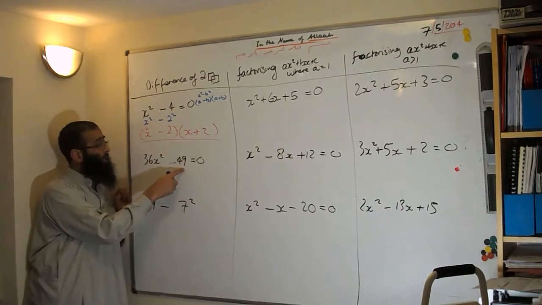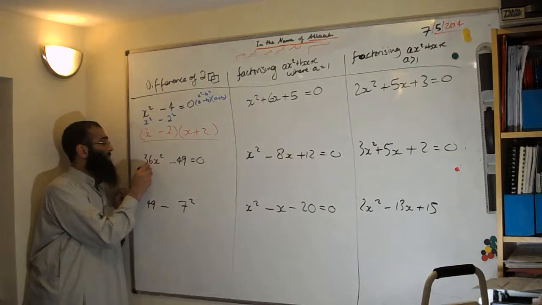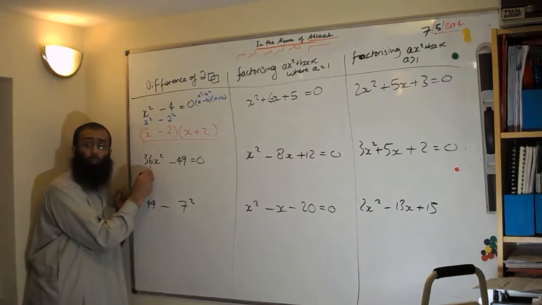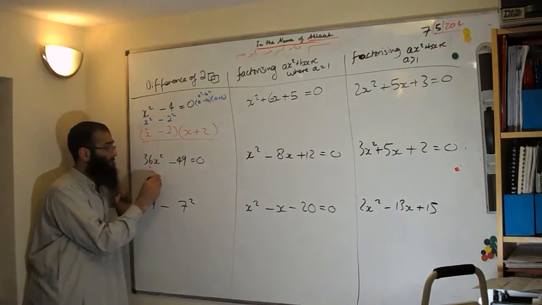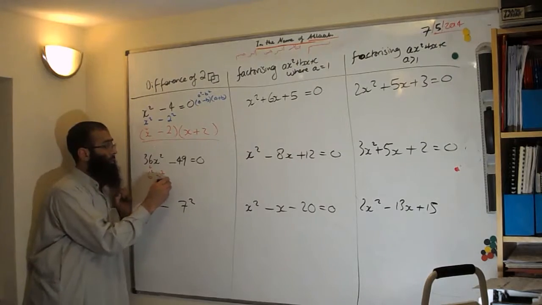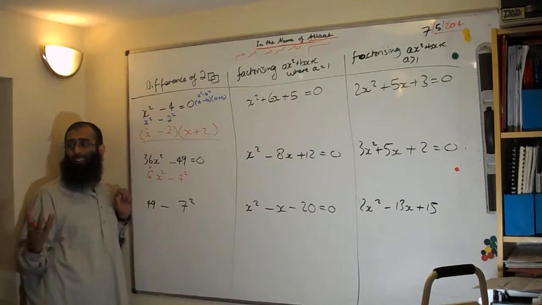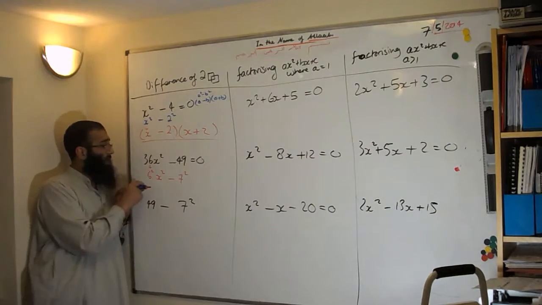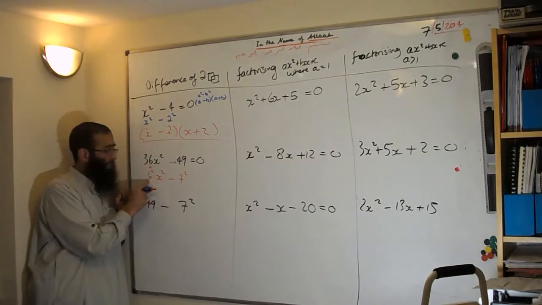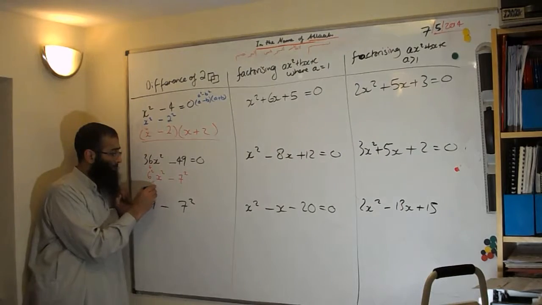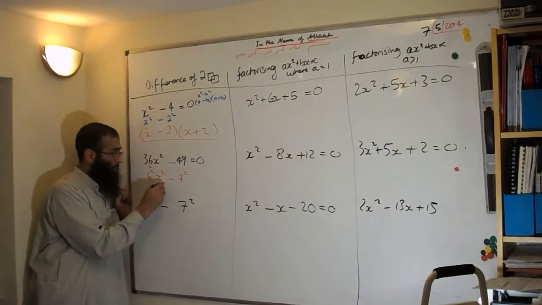36x squared minus 49. Now, the number 36 is, what is it? 6. And the next one is x squared. Then you have minus 49, which is? So you write everything as square numbers. Now 6 squared x squared can be written in a simpler form as 6x whole squared.